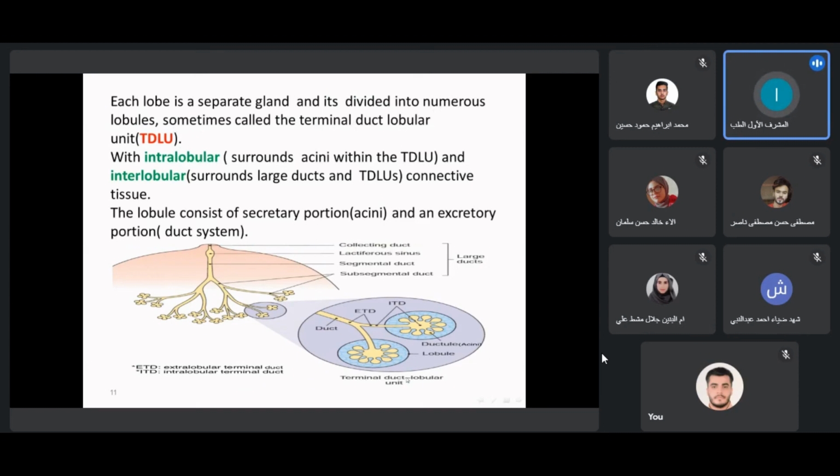Here it consists of this lobule and the terminal duct, which is divided into 2 parts, an extralobular part and an intralobular part. The lobules here consist of smaller units, called the ductules or the acini.